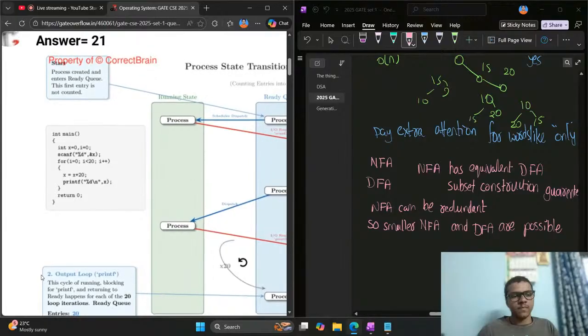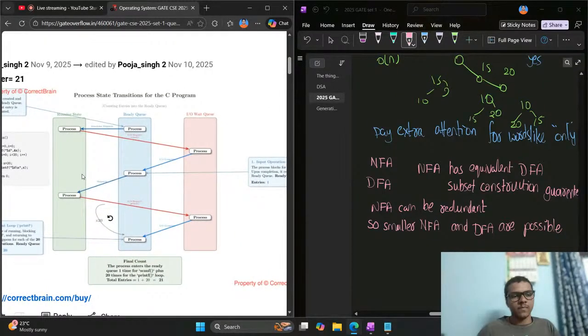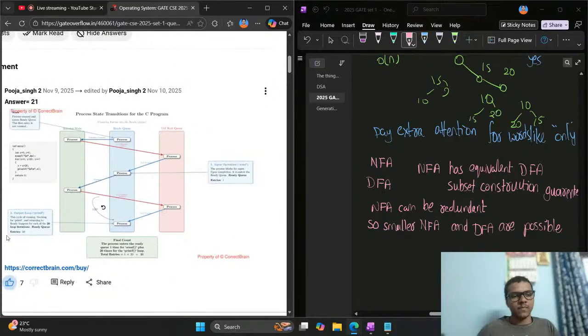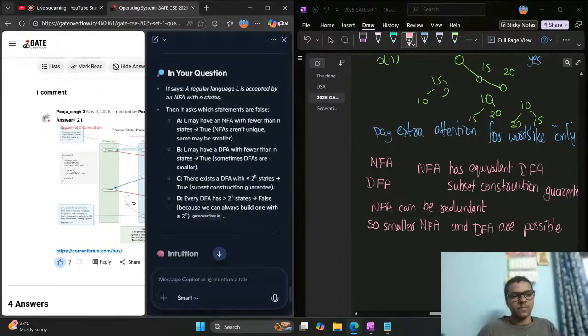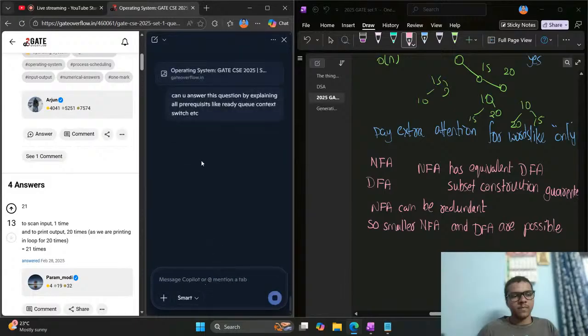The cycle is running. Input operation. Let's see.